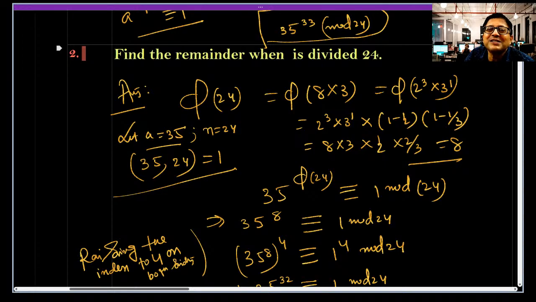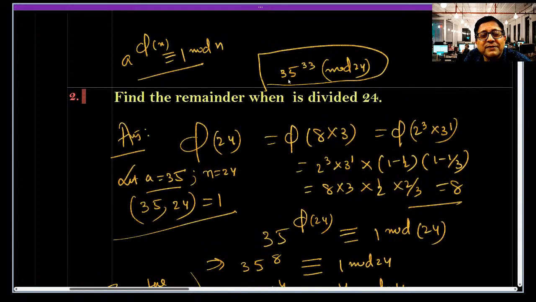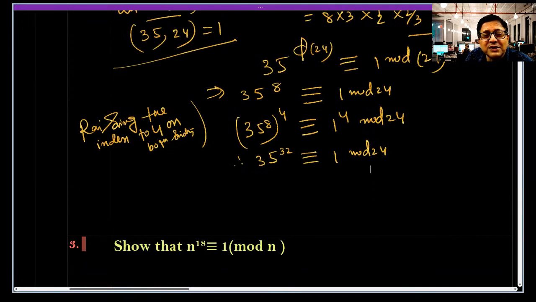So the property of congruency is required here. We multiply both sides by 35. Then we get 35 to the power 33.